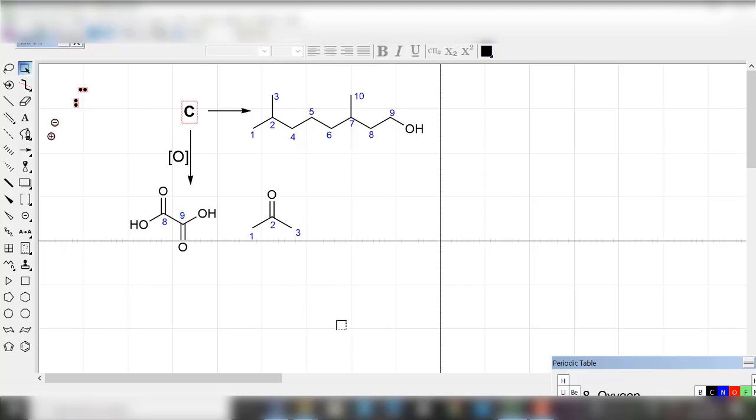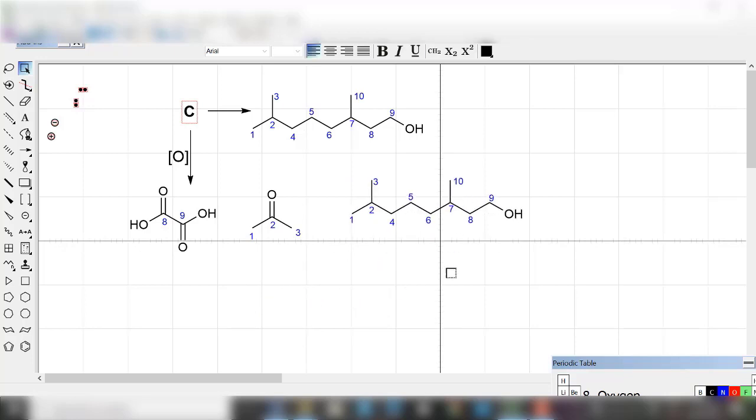Then I think the remaining will fall in quite nicely, because you would expect, based on this, that a hypothetical structure of C will probably contain a double bond between 2 and 4.